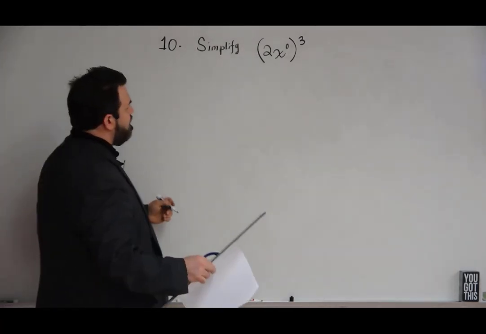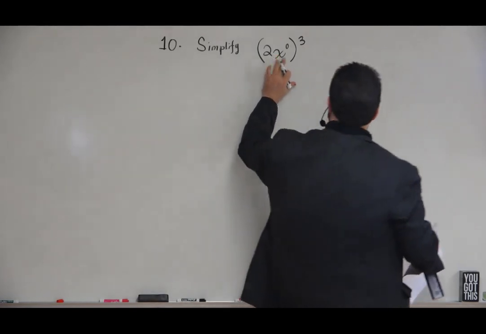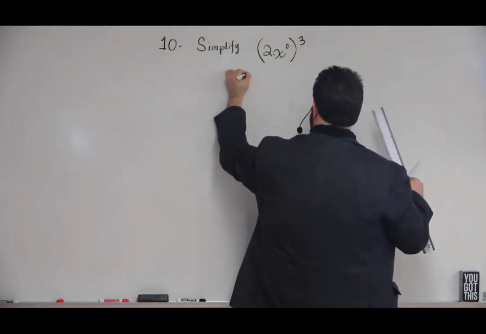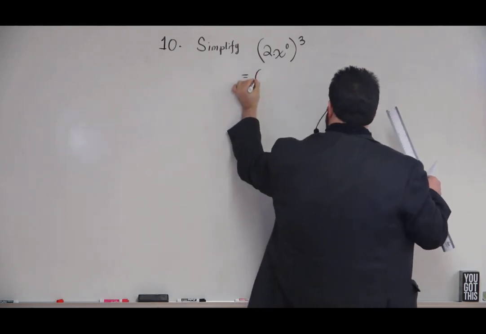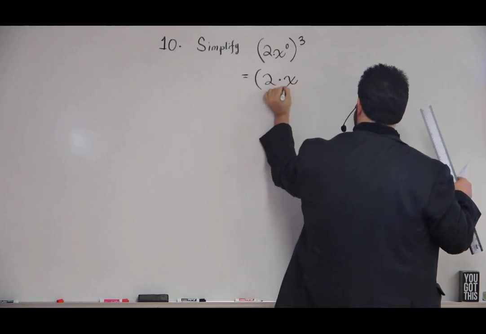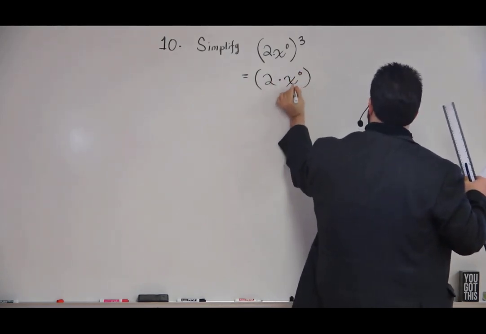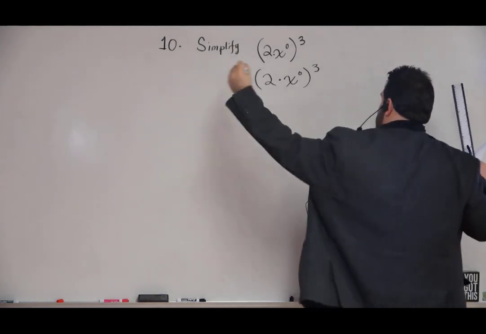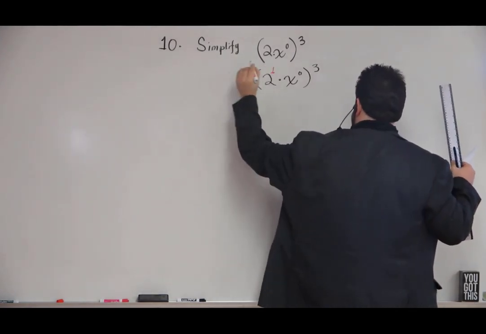The first thing that you're going to have to do is understand that that's 2 times x. So I'm actually going to rewrite this like this: 2 times x to the 0 power, raised to the 3. And then I'm going to bring in Mr. Red Pen and put a 1 right there.